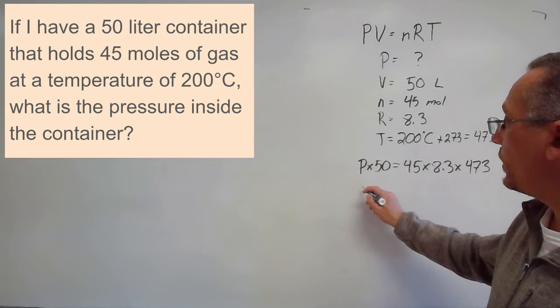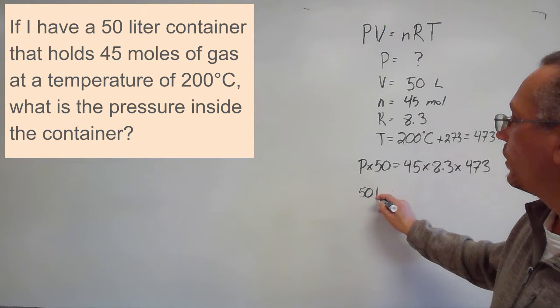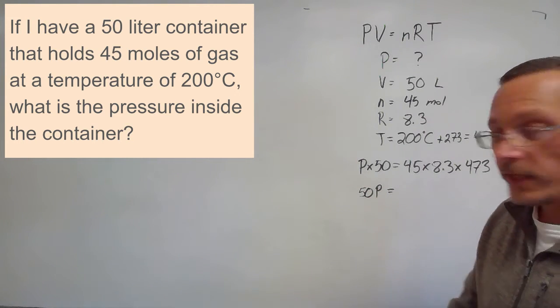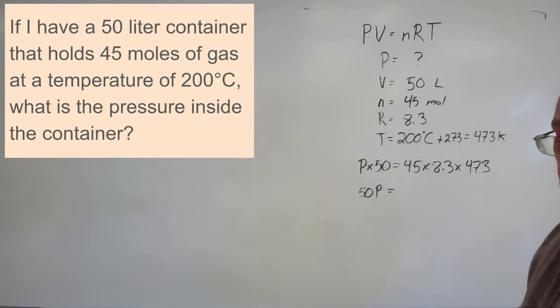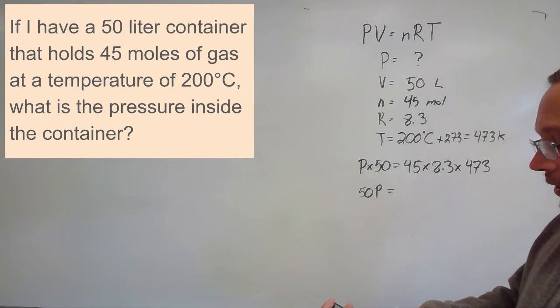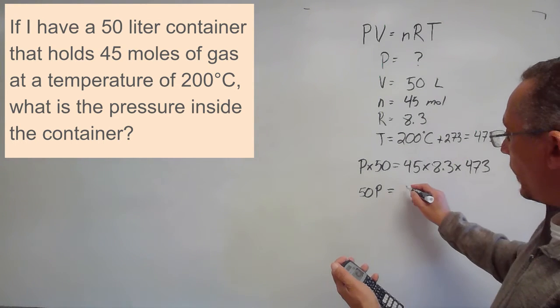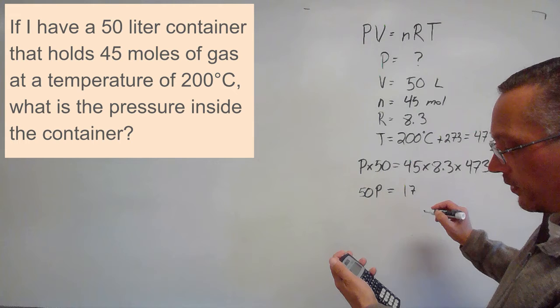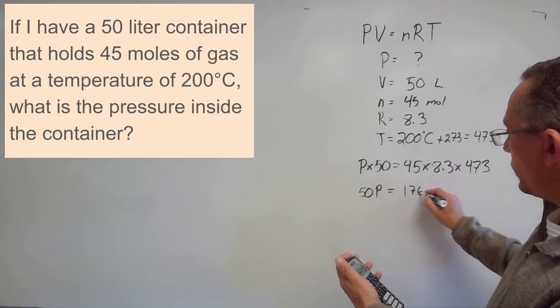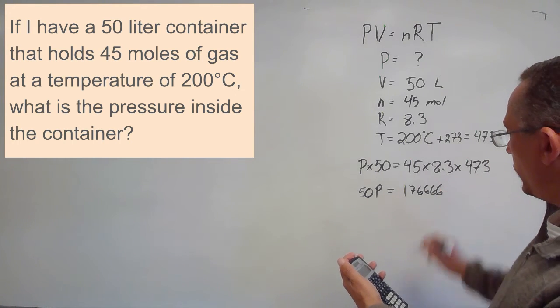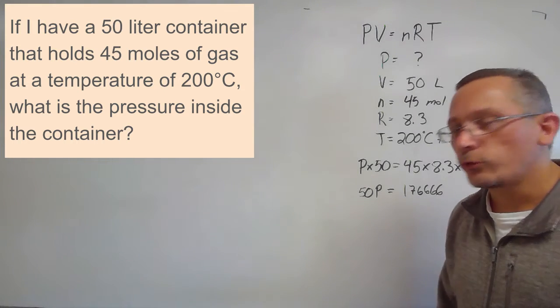So P times 50, I'm going to write 50P. And then I'm going to grab my calculator and multiply out this side. I got 45 times 8.3 times 473. And that's a big number. I get 17666. I rounded that off a little bit.